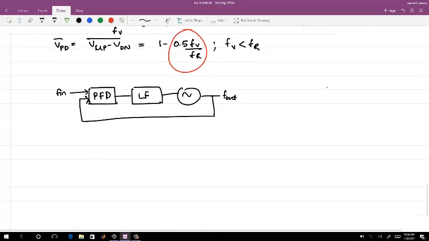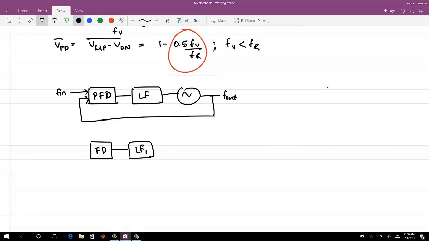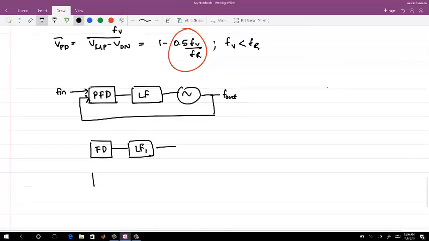The second one is that you can use a separate frequency detector just to detect the frequency. You can use a separate loop filter for the frequency detection, and at the same time you can use a phase detector.